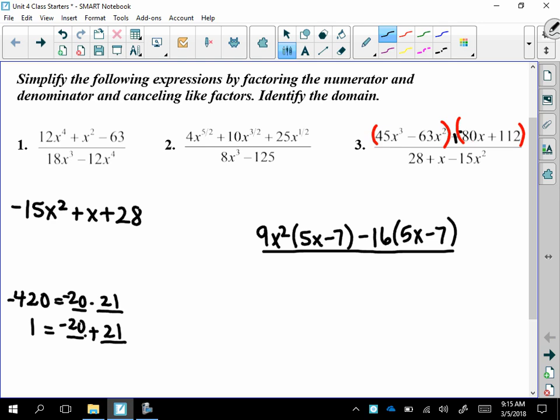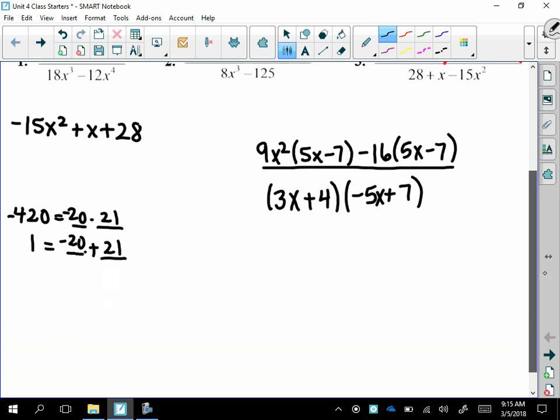So negative 15 over negative 20 would reduce to 3/4, and negative 15 over 21 would reduce to negative 5 over 7. When we do negative 15 over negative 20, the negatives cancel out, so it just becomes 15 over 20, which would be 3 over 4. And then negative 15 over 21 reduces to negative 5 over 7. And then we'll keep going.